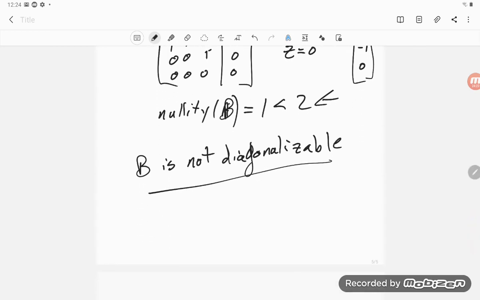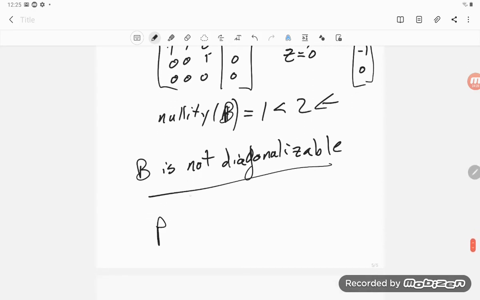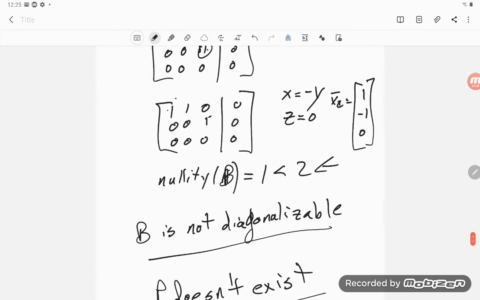Because those are the only 2 columns I have. So I don't have a P matrix. P doesn't exist, because I need a 3 by 3, and all I can get is a 3 by 2. I can only get 2 vectors.